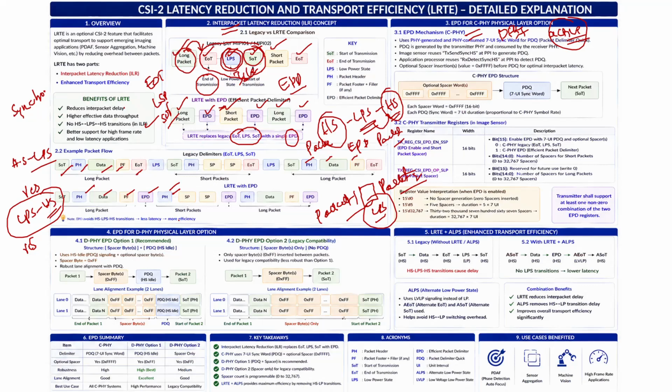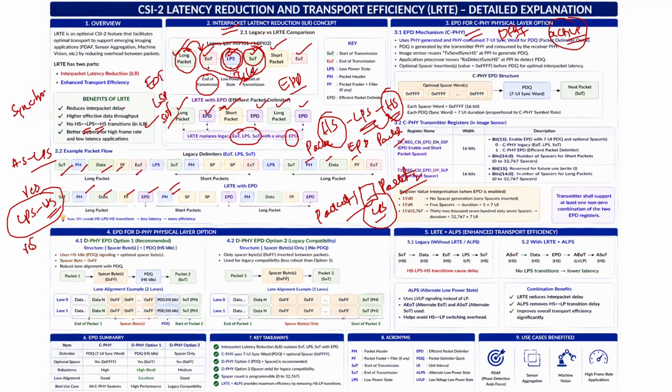So what is that? It is going from high speed to low power state and then low power state to high speed state. High speed is the one mode, the data transfer mode we are using, and LPS is the low power state, that means idle state, and then again we are switching to the high speed state.